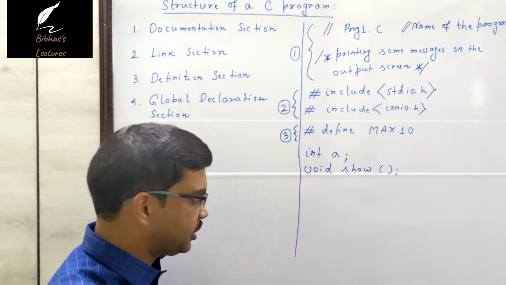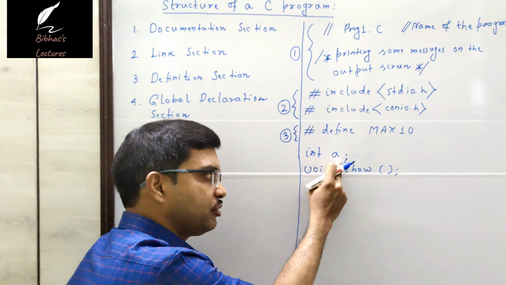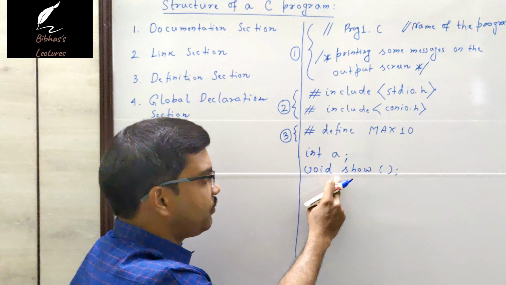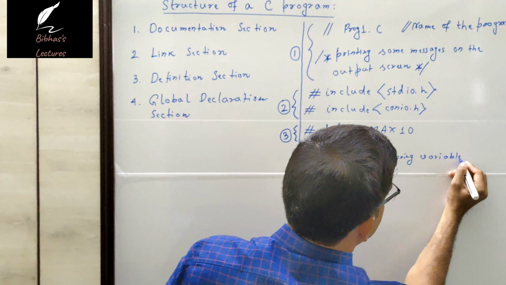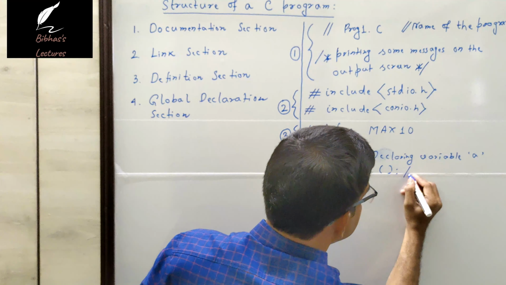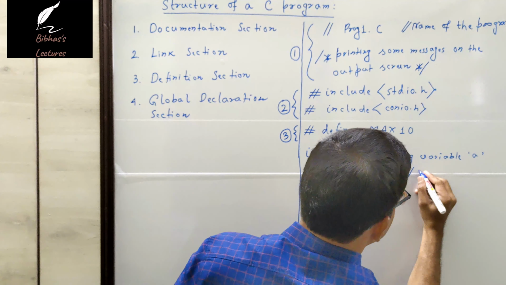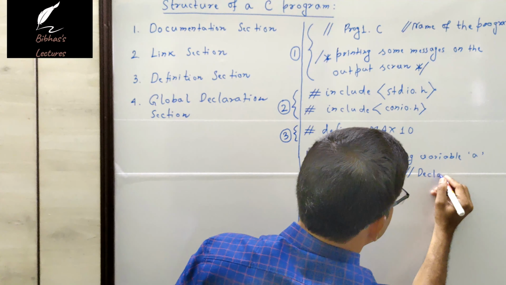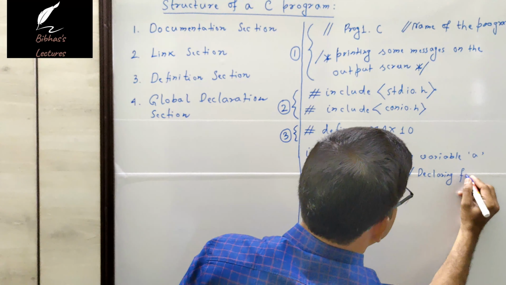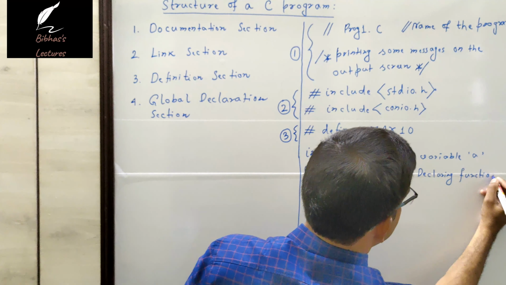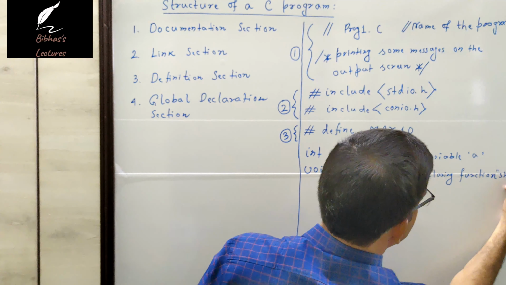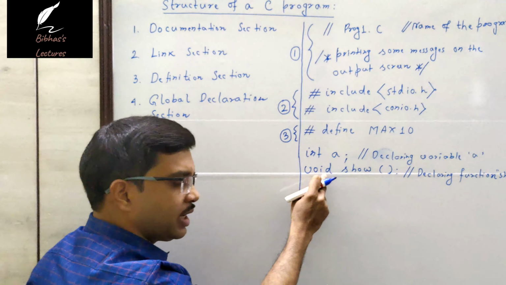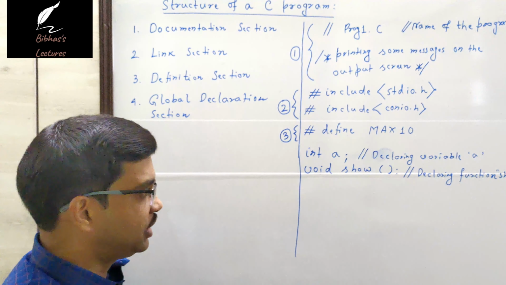For the time being, just try to understand that this is the declaration of a variable and this is the declaration of a function. I am declaring variable a in this line, and function so in this line.